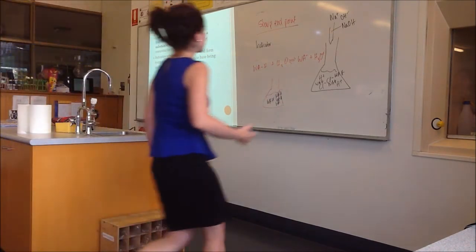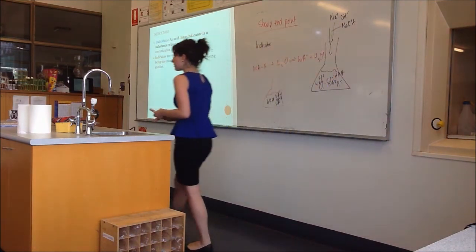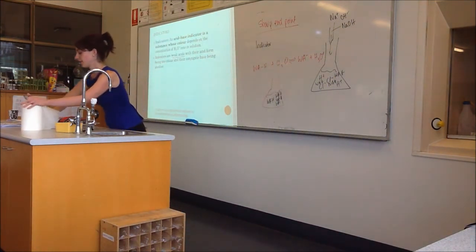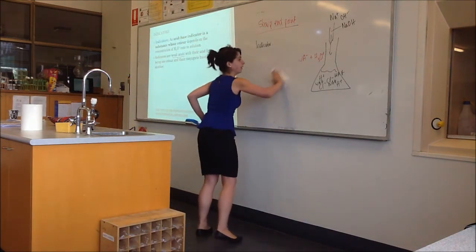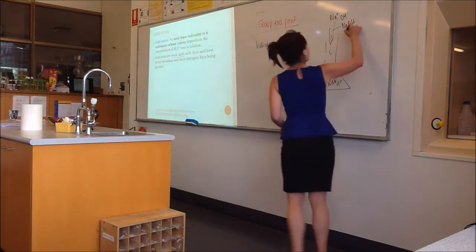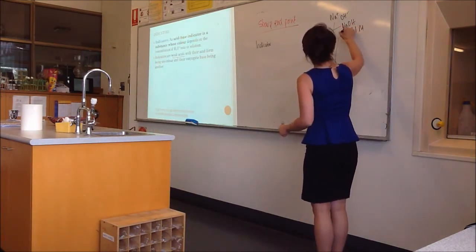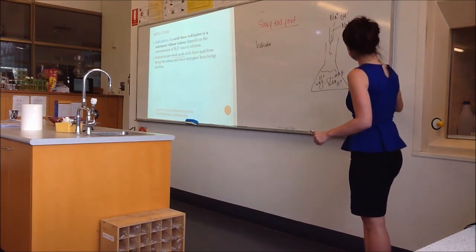Okay, so as we're pouring this down, let's graph this out. This is what's meant by a titration curve. We might have, let's say that it is 0.1 N NaOH, and we'll say 20 mils of 0.1 N HCl.